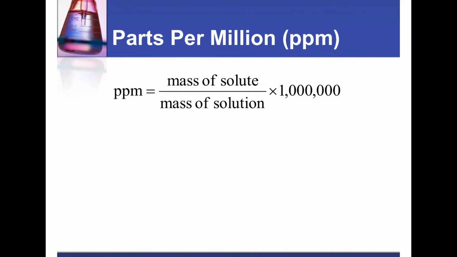It's very similar to percent, but percent means we multiply it by 100. In per million, it just means we multiply it by 1,000,000. So the number on the top is the same, the number on the bottom is the same. The only thing that we're changing is what we multiply it by.